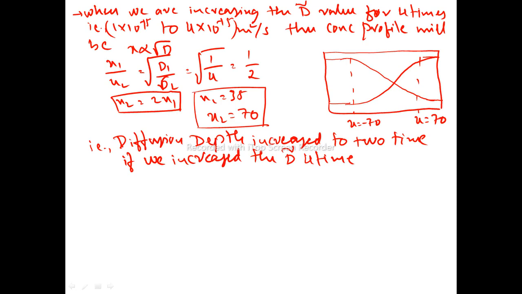One more case in this one itself: if we have different diffusion coefficients at both the ends, what will happen? A has a different value and B has a different value of D coefficient, then what happens to the profile?